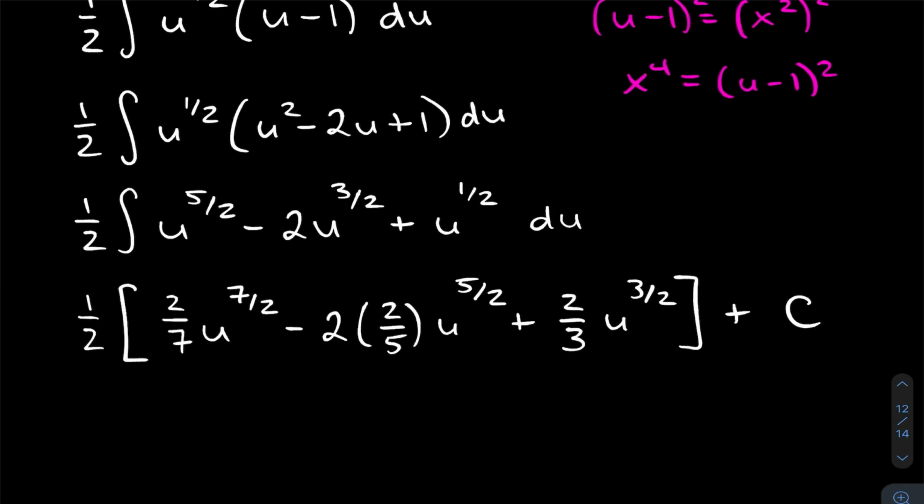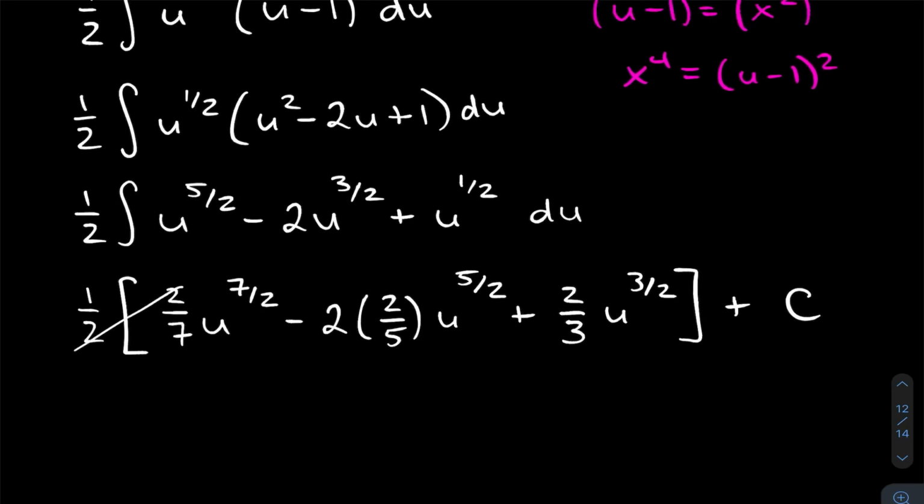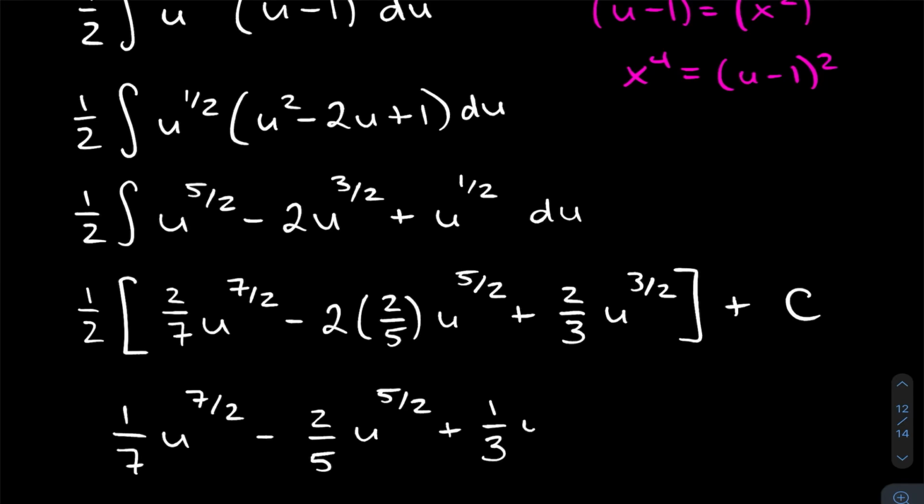Let's throw that 1/2 into the mix here, and the 2's cancel. So we get 1 over 7 u to the 7/2 minus 2/5 u to the 5/2 plus 1 over 3 u to the 3/2 plus c.